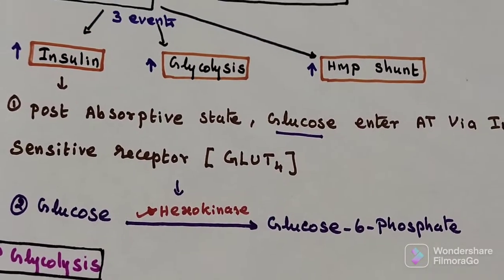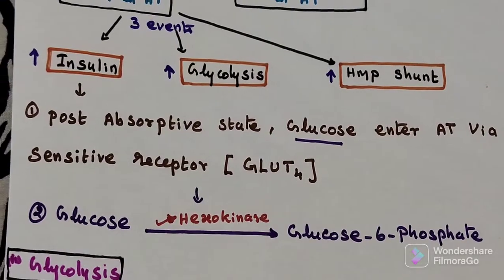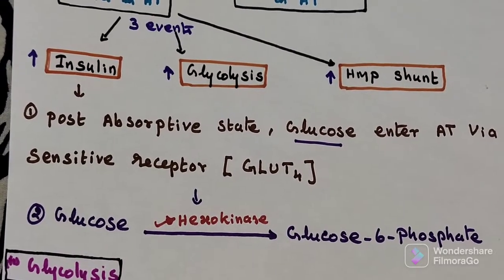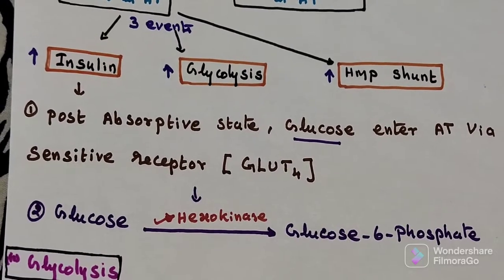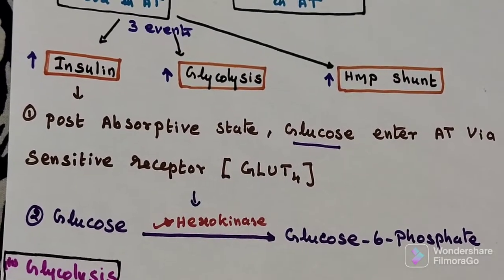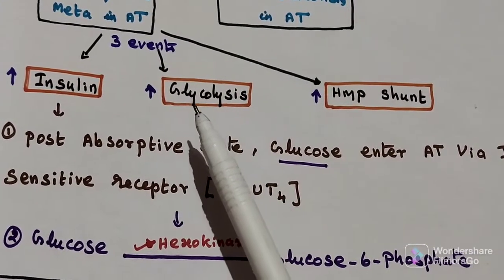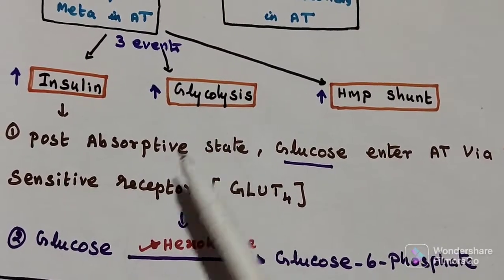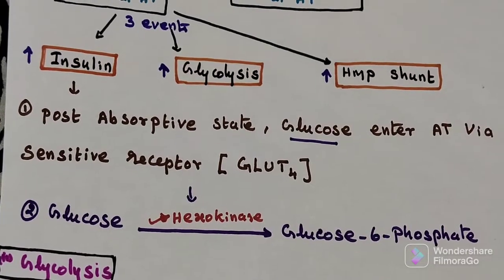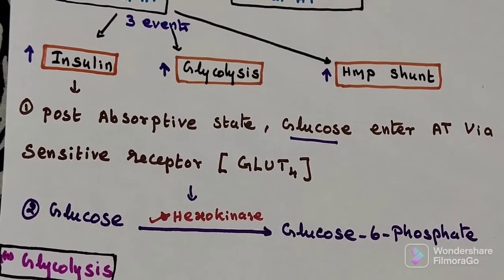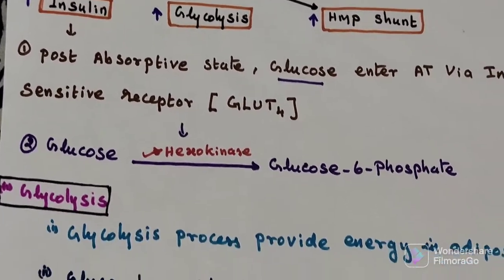The second event because of this glucose entry is the increased breakdown of glucose, which is known as glycolysis. This glycolysis process otherwise serves to provide energy in the body.